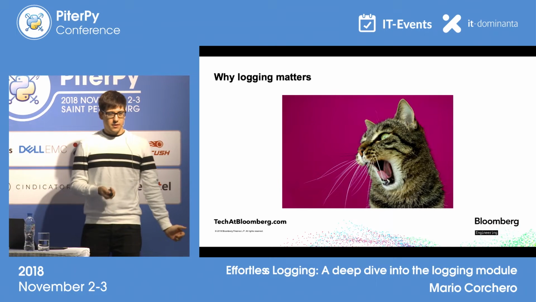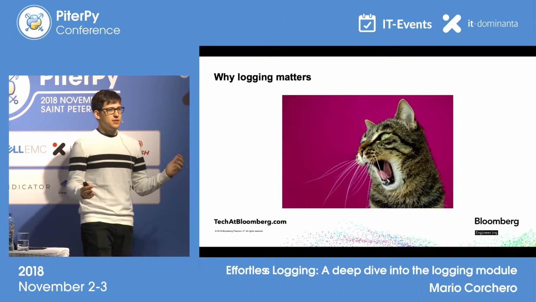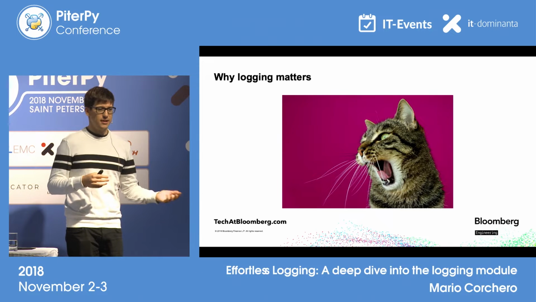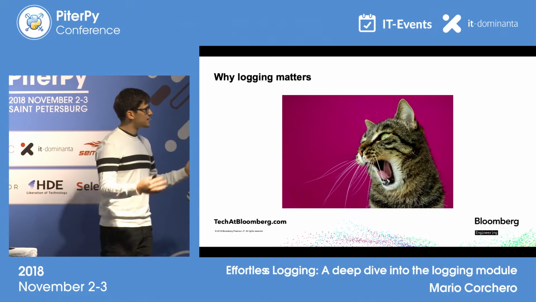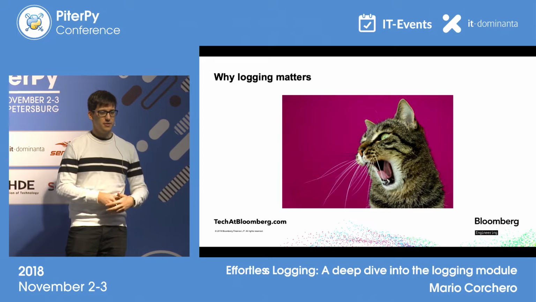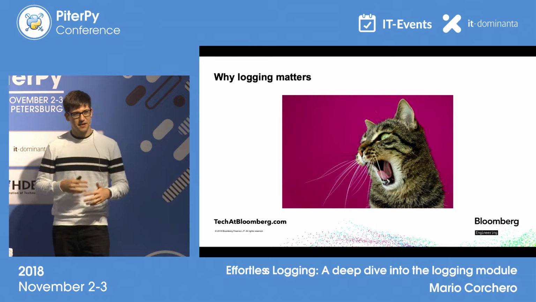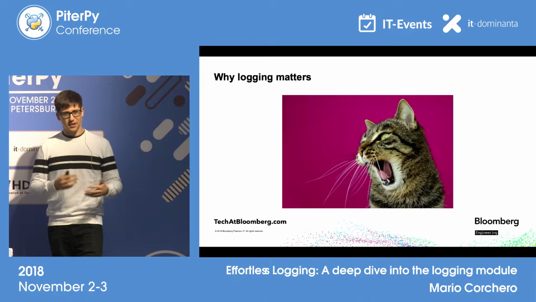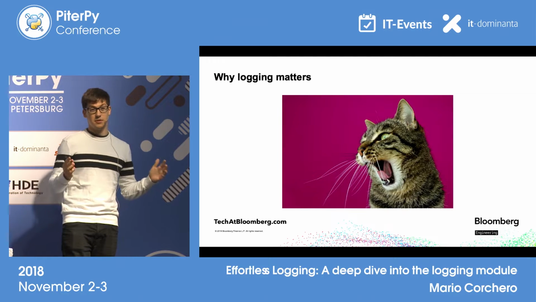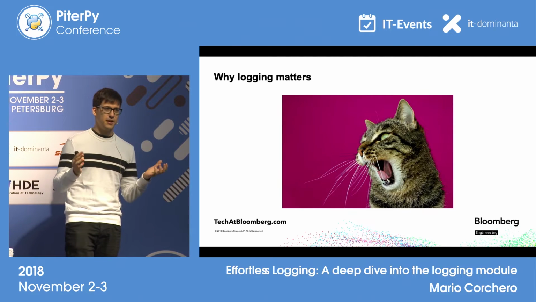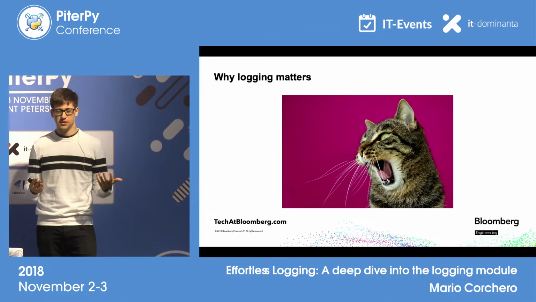So first of all, why does logging matter? Why should we log at all? This is something that many developers underappreciate until you have this beautiful problem in production where there's no way to know what's going on, because your process is just a black box. When it's running in production, you cannot know what's going on.